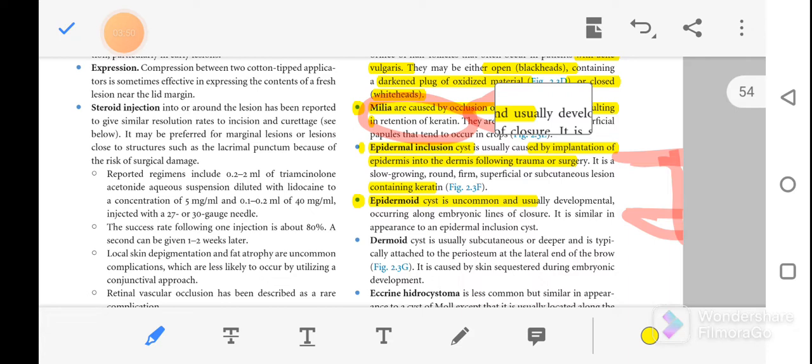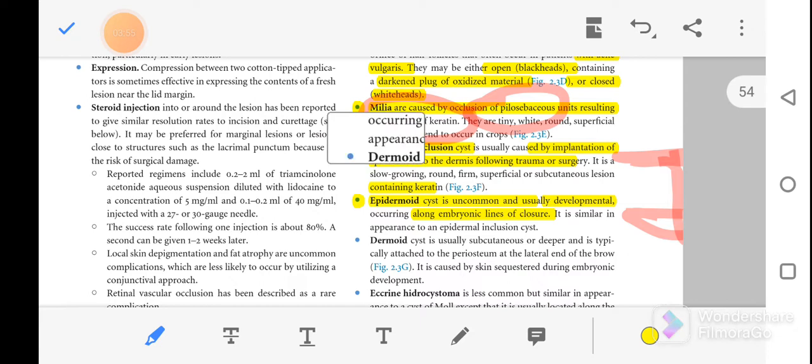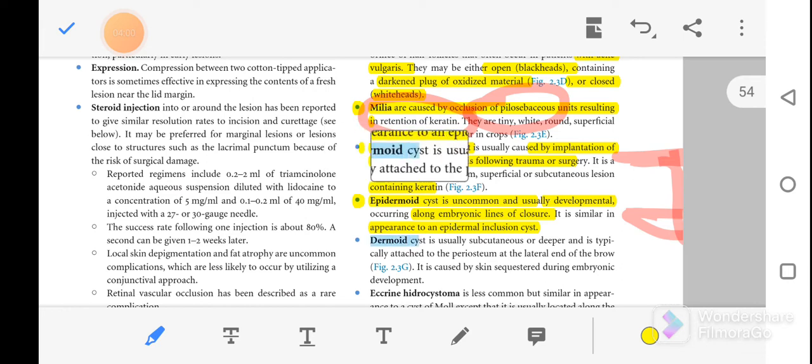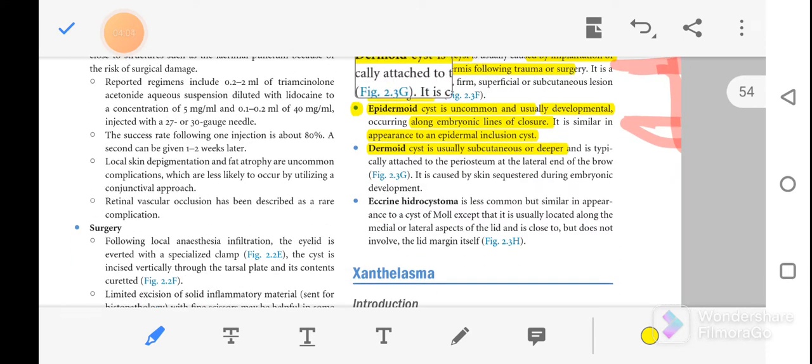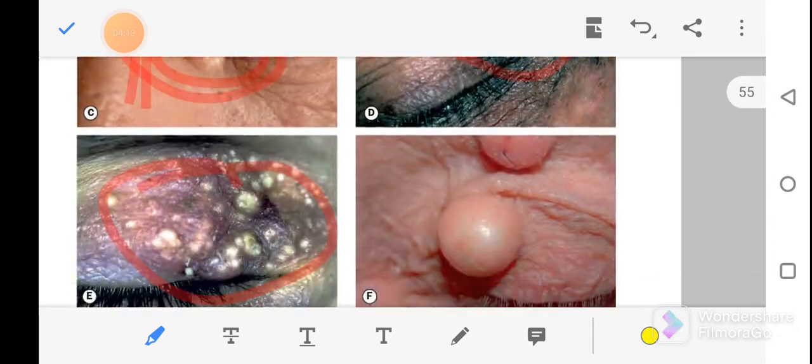Dermoid cyst is uncommon. It is usually developmental, occurring along the embryonic lines of closure. It is similar in appearance to an epidermal inclusion cyst, but the anatomy differs. Dermoid cyst is usually subcutaneous or deep and is typically attached to the periosteum at the lateral end of the brow. It is caused by skin which is sequestered during embryonic development.